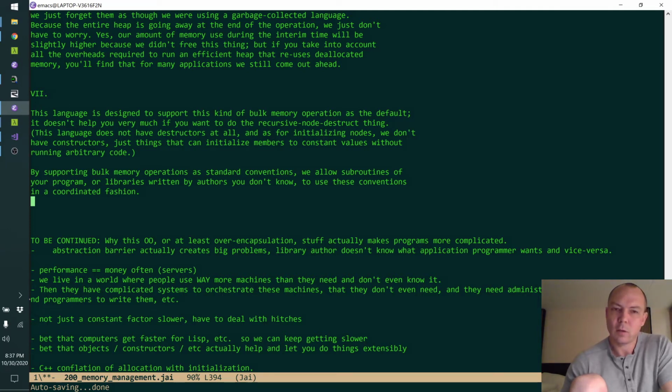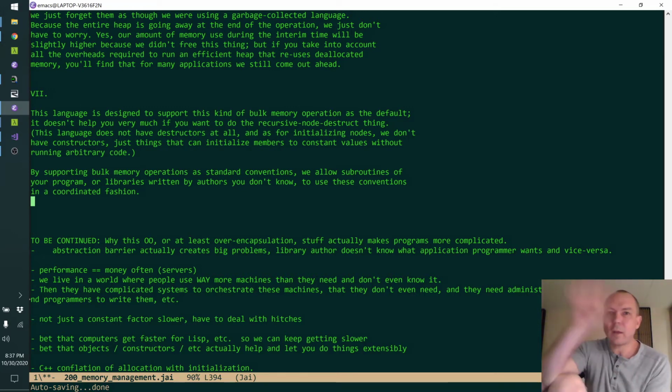If you imagine one that just returns, if you say allocate 16 bytes, it just gives you the next 16 bytes and then moves the pointer forward. That's a very fast allocator, and then it just doesn't have the ability to free anything, right? But that's fine because you're going to free everything in bulk at the end.